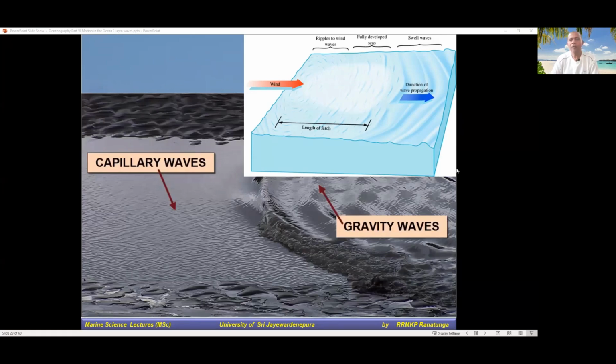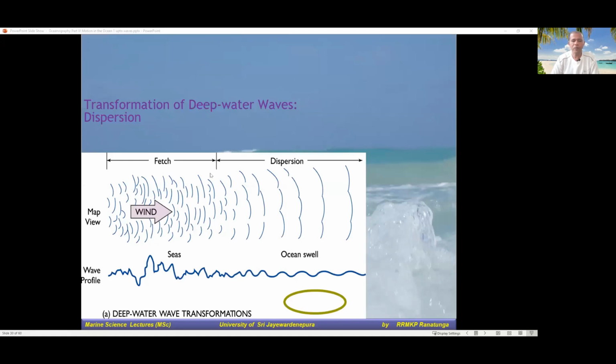So that's how these waves are formed. You can see it in this image too, initially in a map view as well as the wave profile. There will be more wrinkles or small waves in the beginning, and eventually they will make bigger, higher, stronger waves when they approach the beach.